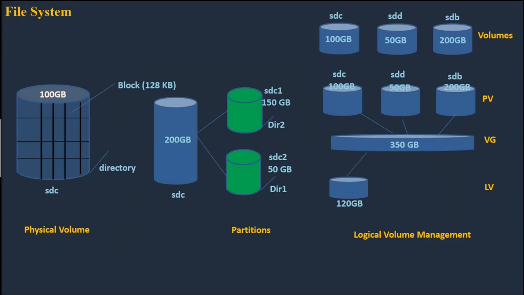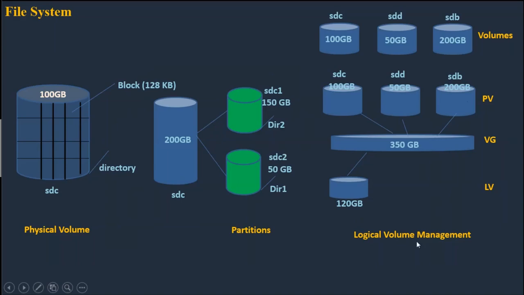Technically speaking, when you create a 120 GB logical volume, the volume group will take a decision. This 120 GB has to be provisioned by using which physical volumes behind the scenes. Possibly, it may give you 100 GB from SDC and 20 GB from SDD, or it may give you 50 GB from SDC, 50 GB from SDD, and 20 GB from SDB.